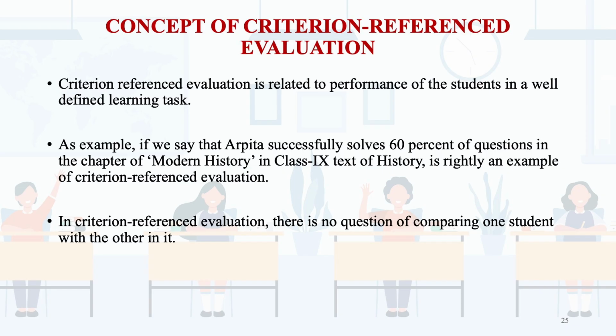Okay, so here we are not concerned about the performance of others. So in this way, in a criterion-referenced test, the performance of the learners is analyzed or defined in a well-defined learning task. And further, in criterion-referenced evaluation, there is no question of comparing one student with another.